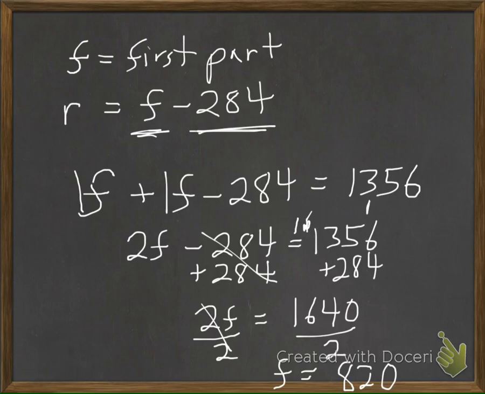So if you do 820 minus 284, what do you get? 536. And is that the correct answer? Yeah. So, with word problems, always make sure you're careful that you're answering the correct question. Because 820 is the correct value for F, or whatever variable you use, but it's not the answer to the question, because the question was the return trip, not the original trip.